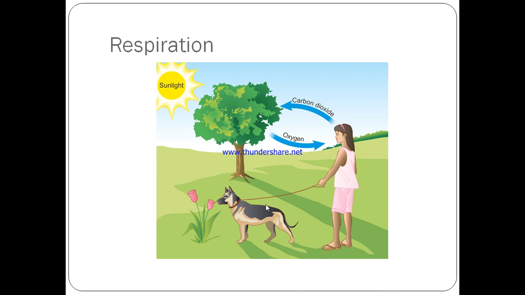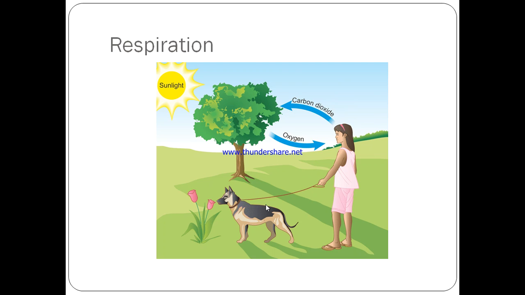Respiration. All living things respire day and night, all the time. They take in oxygen from air and give out carbon dioxide. The oxygen is used to produce energy from the food consumed by the organisms.